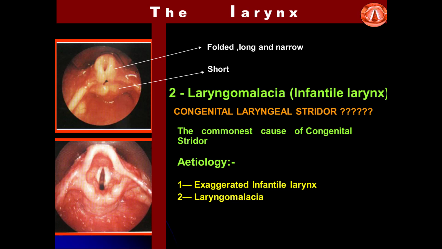As regards its etiology or pathogenesis, some say that it could be due to GERD, some say that it is due to malacia of the cartilage, which was disproved on post-mortem histologic examination, as the cartilage has normal histological structure and there is no malacia. So they began to consider what's called the theory of exaggerated infantile larynx.